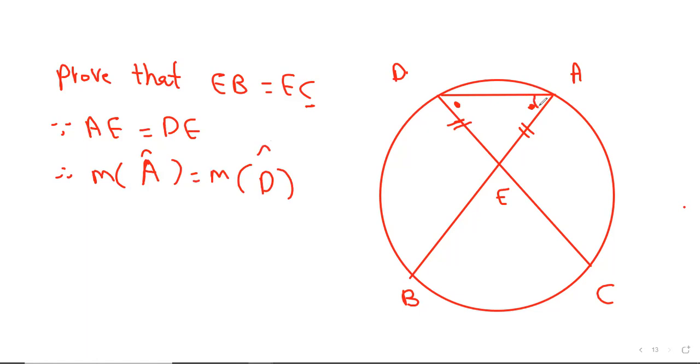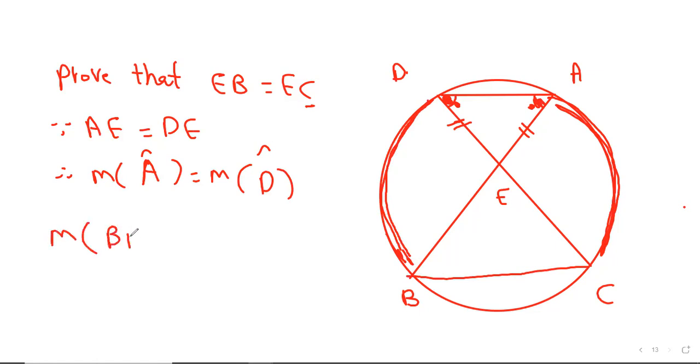And this angle is an inscribed angle, and also this angle is an inscribed angle. So the measure of this arc here is equal to the measure of this arc here. They are two equal arcs. Do you know why? Because we have two inscribed angles equal in size. So the measure of the arc BD equals the measure of the arc AC.